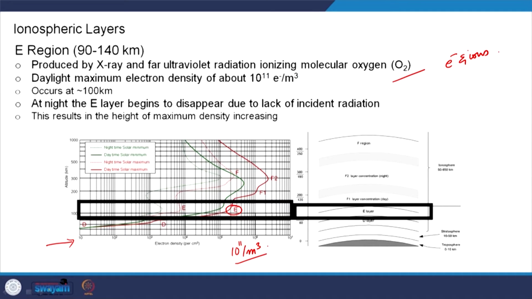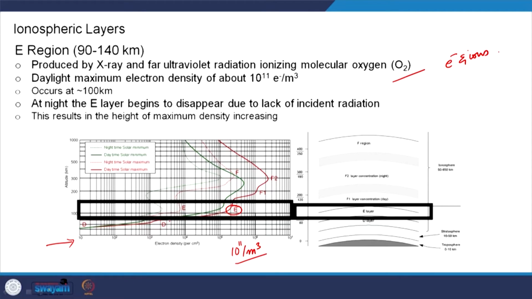During the night, the E layer begins to disappear because of the lack of incident radiation. If you see, nighttime densities are indicated with the dotted curve. The solid red line is the ionospheric electron density during the solar maximum, and the dotted red line is remarkably weak in density and starts to disappear due to the lack of incident radiation.